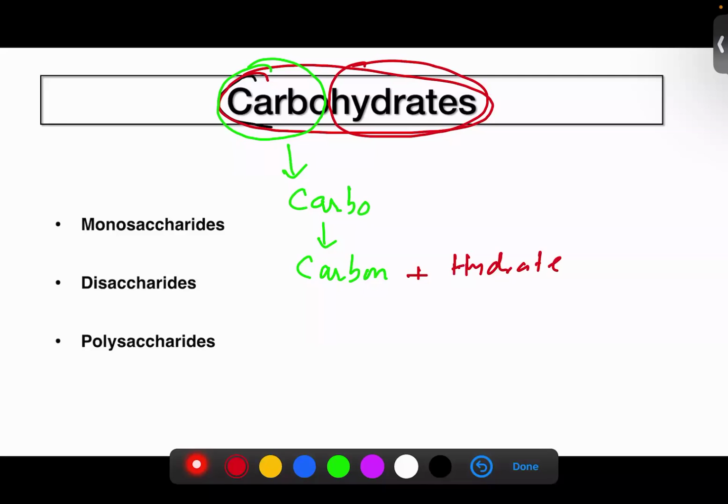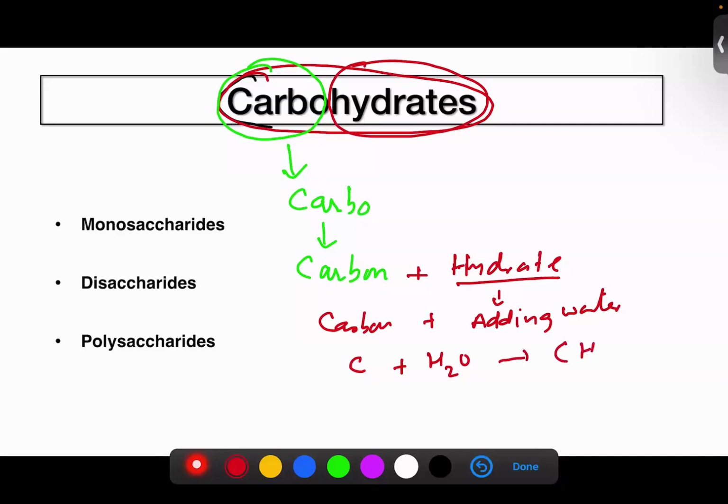Hydrate means adding water. So if water is added to carbon, like carbon plus H2O, that would make CH2O. So compounds of hydrated carbon are known as carbohydrates.